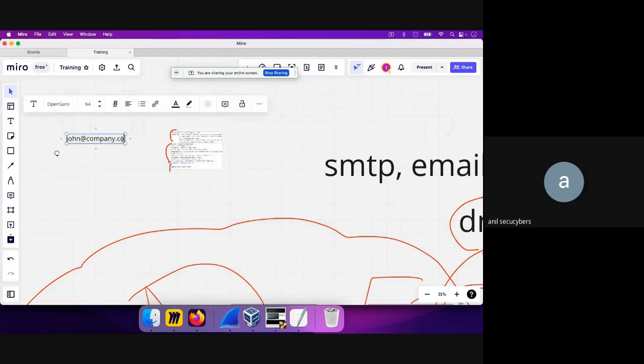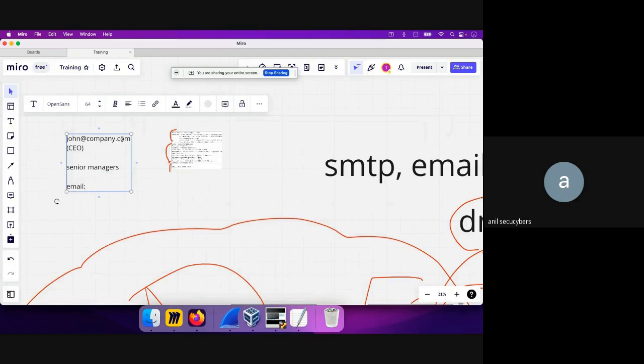So there was an incident where, let's say, an email was received from the CEO, John, by a lot of senior managers. It was a phishing email actually.